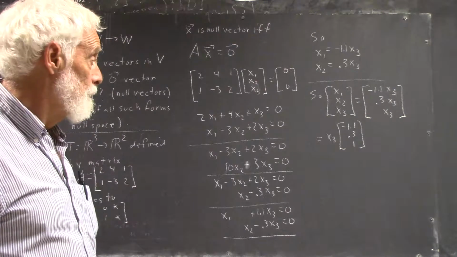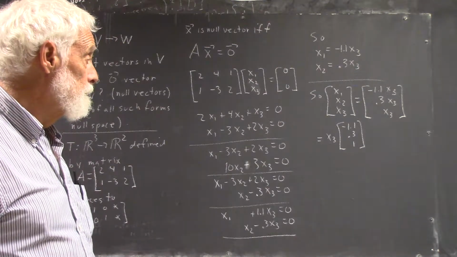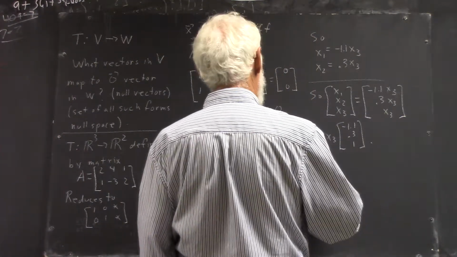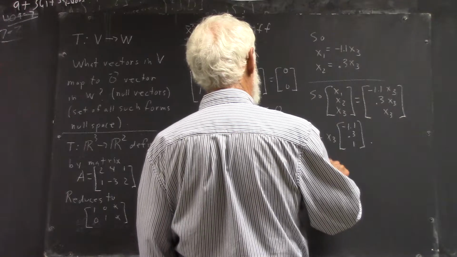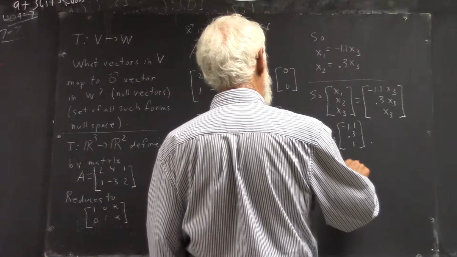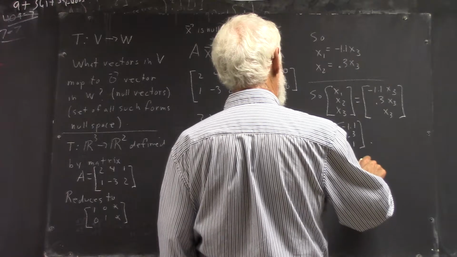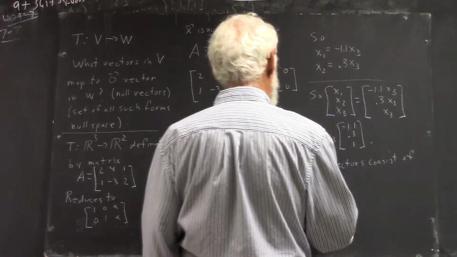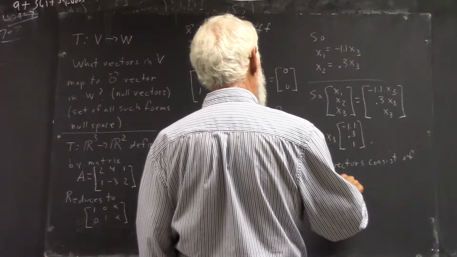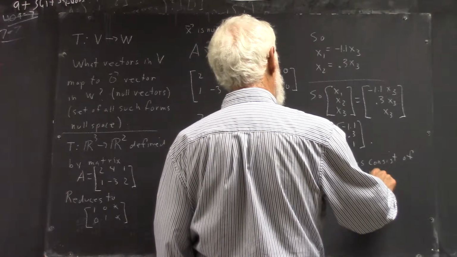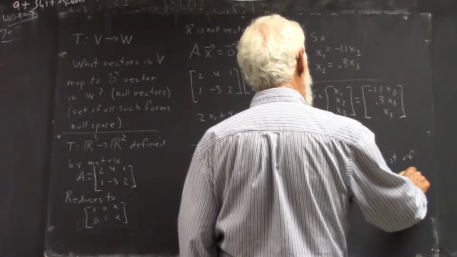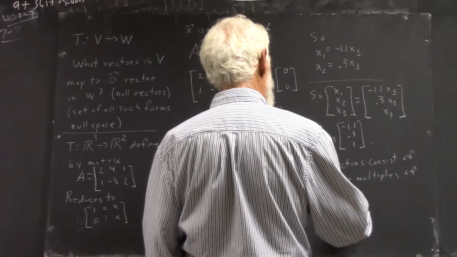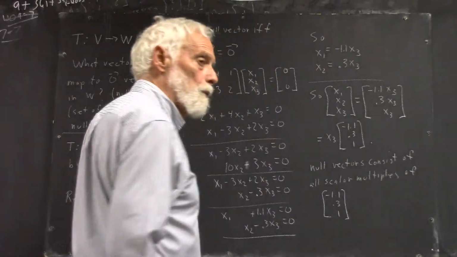So, you know, vectors consist of all scalar multiples of -1.1.31.